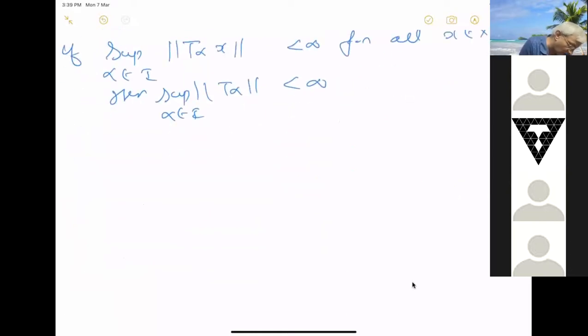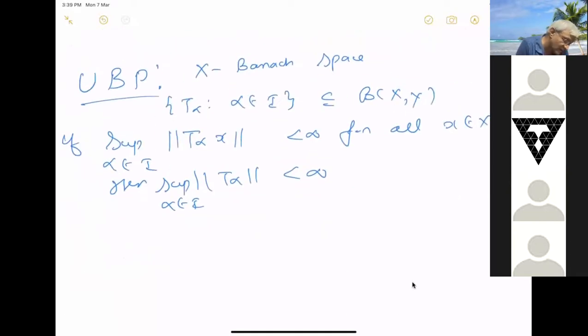Actually, you don't require X to be a Banach space, even if it is a non-linear space this is true, because if you have a family of bounded operators on a non-linear space, you can extend it to the completion. In the proof of the theorem we need it to be a Banach space because we are using the Baire category theorem, which requires completeness.